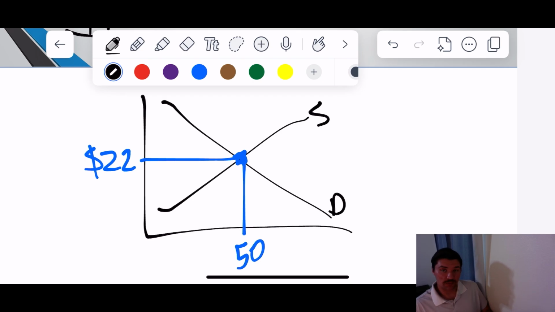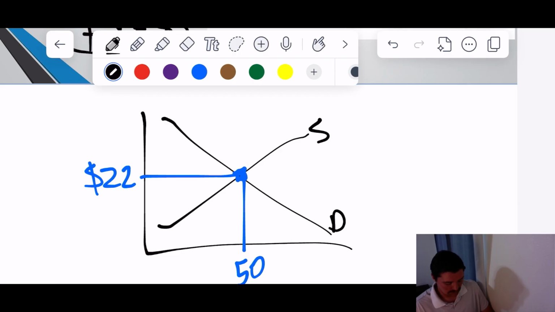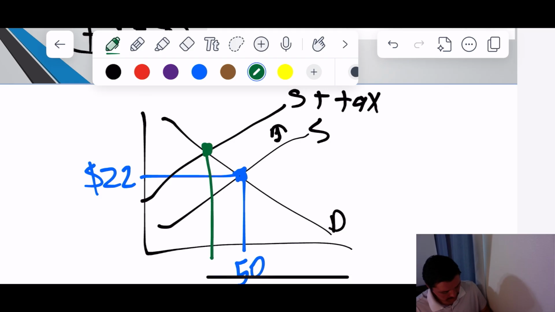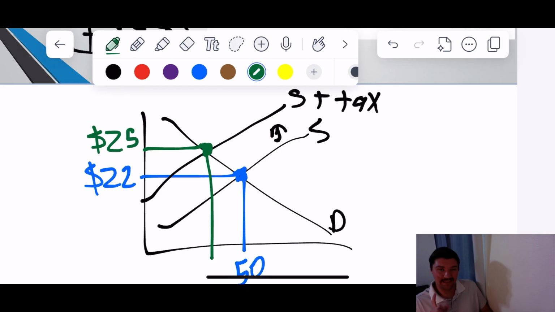Now, because we put a tax on businesses, a sales tax, this is going to change the supply curve to where now we have supply plus a tax. Okay? So that's going to create this new equilibrium price up here. Let's call this $25. This is what you pay as a consumer.